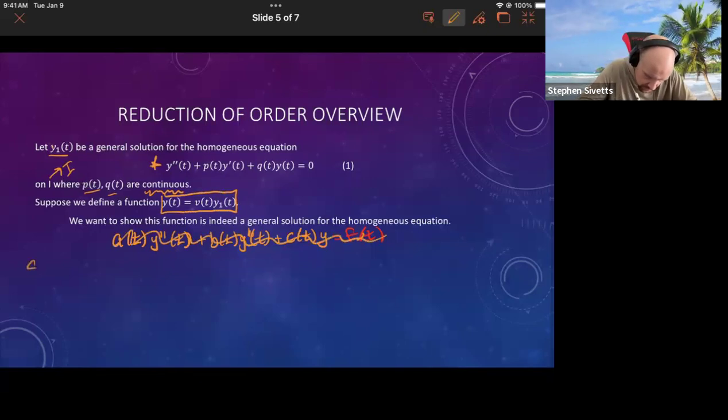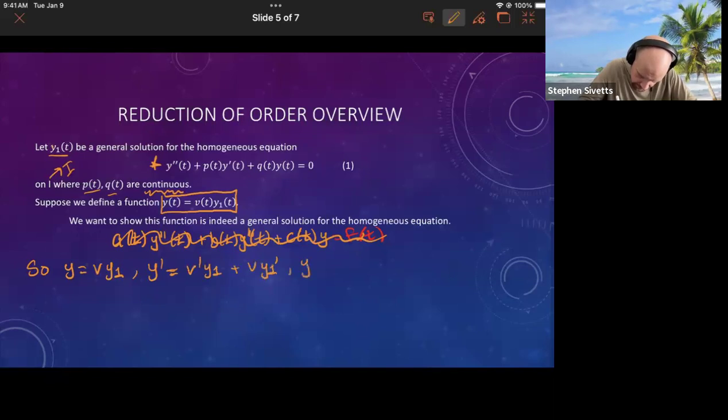So we're going to assume that y is equal to v times y1, and then y prime equals, by the product rule, v prime times y1 plus v times y1 prime, and then y double prime. So we have to use the product rule twice.